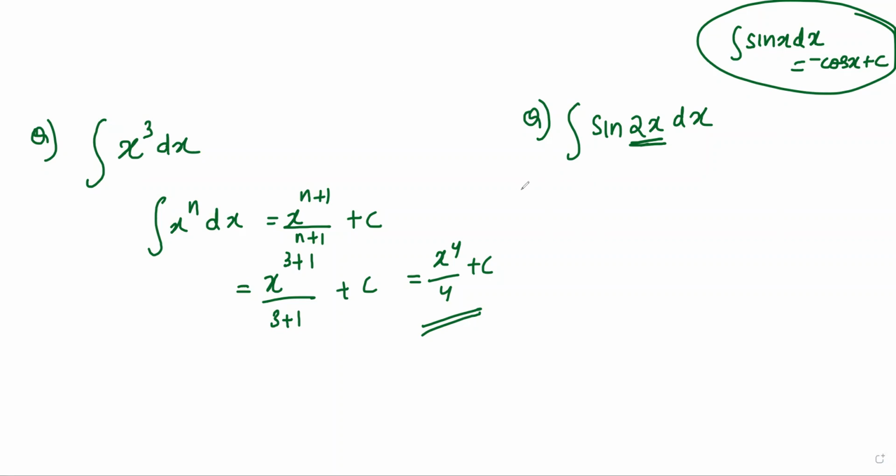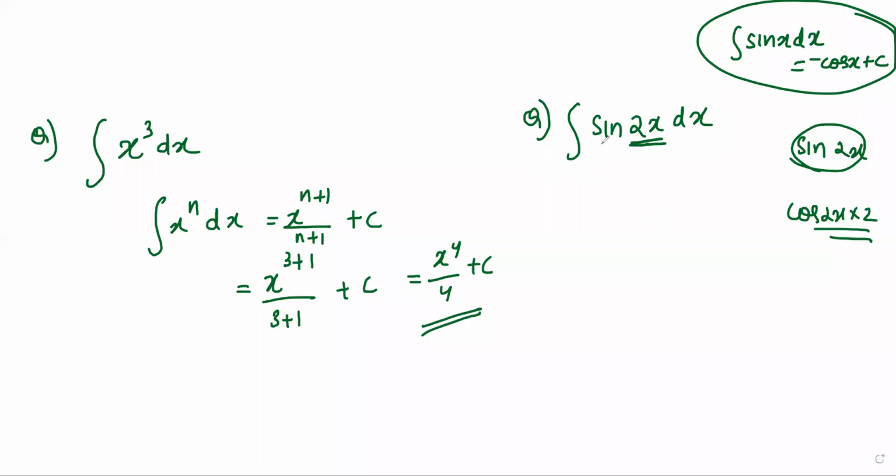Yes, chain rule you applied, isn't it? If you are asked to find the derivative of sin 2x, what will you do? The derivative is cos 2x into 2. You will do into 2 in differentiation. But here, in integration, you will do divided by 2.